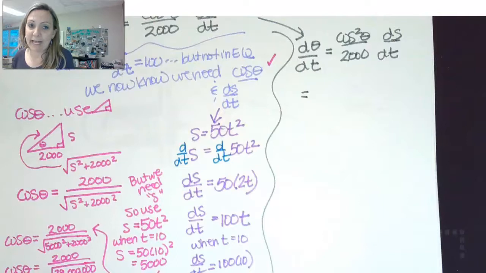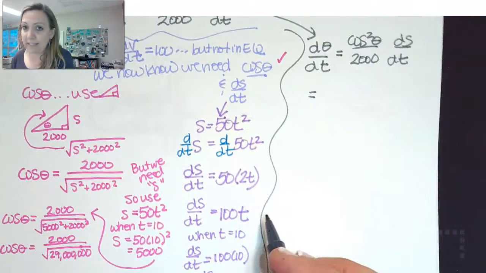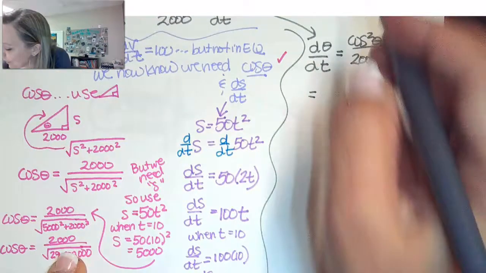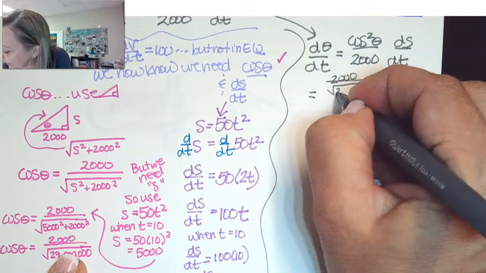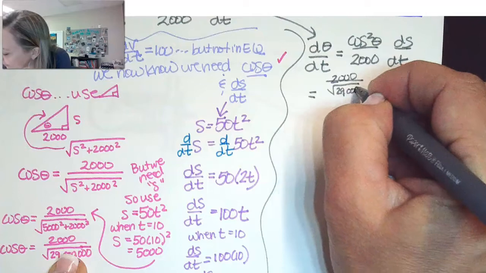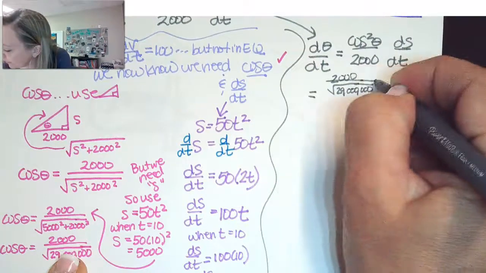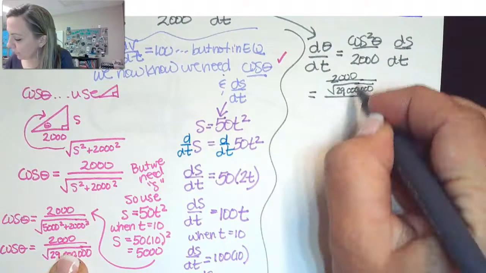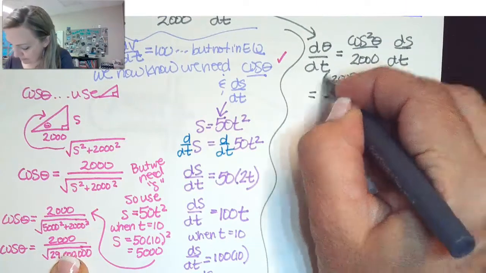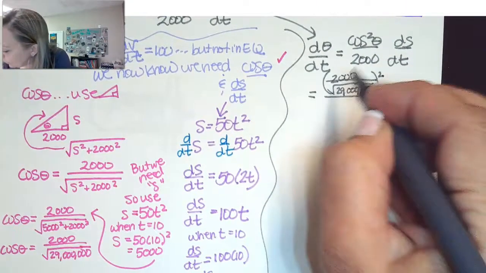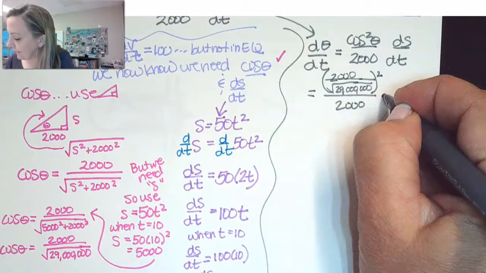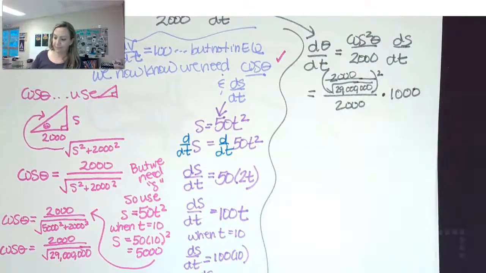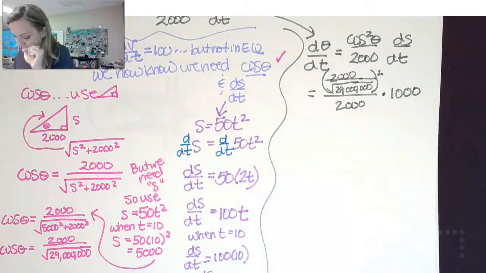We found that cosine theta was 2,000 over the square root of 29 million. And then we'll put that over, oh, we have to square that, and then over 2,000. And then our ds dt we found was 1,000.